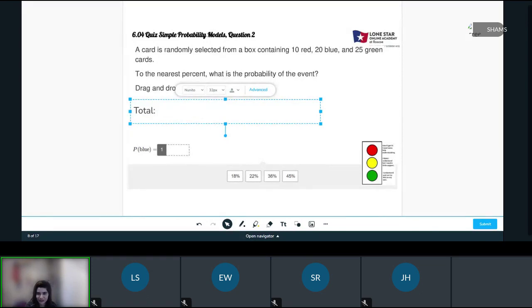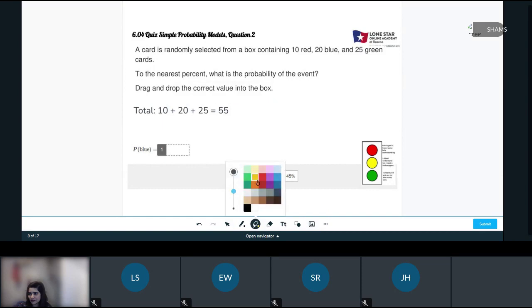Glendy, I agree with you in the chat. So I will combine 10 plus 20, that's 30, plus 25, that is 55. Right? That is step 1. Get 55 total. Then I want to find probability of blue.